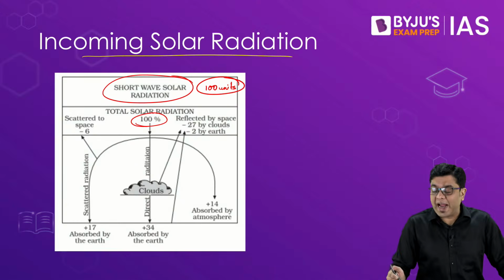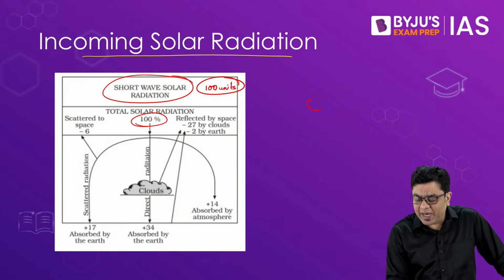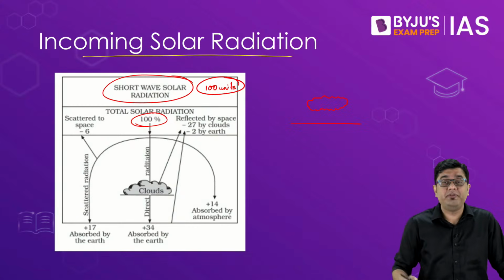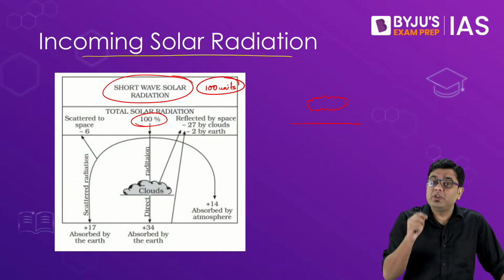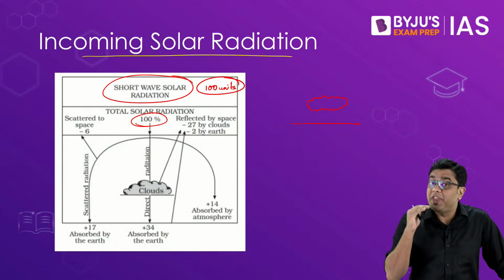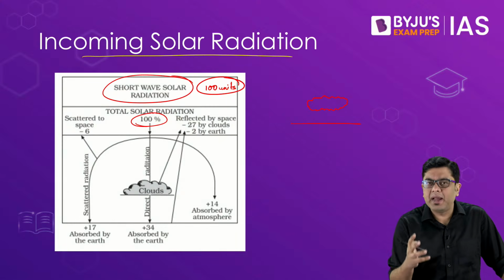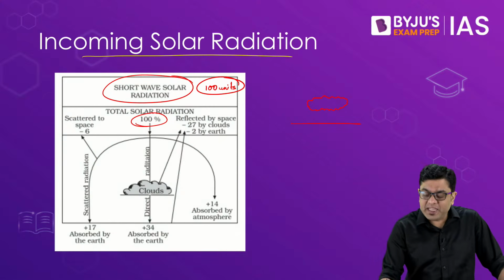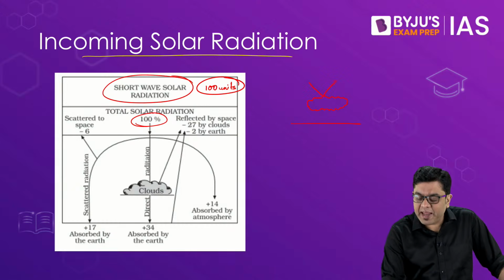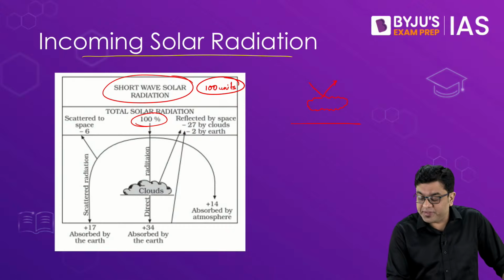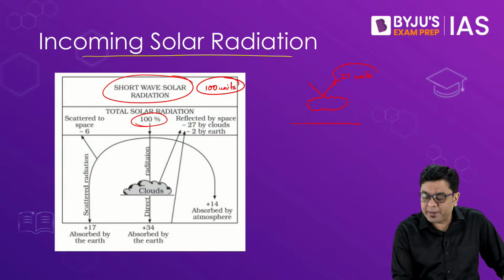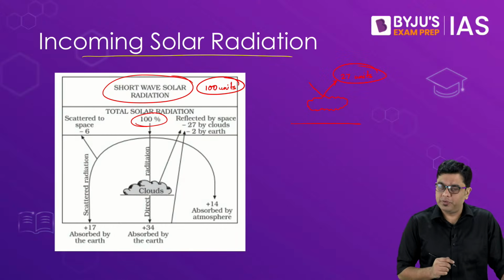Because while from the ground the clouds might appear to be very dark, blackish, grayish, whenever you take a picture of the clouds from the top, they will always appear to be very bright and whitish in color. So these clouds reflect a significant amount of this solar radiation. And as you can see, around 27 units are directly reflected back because of these clouds.